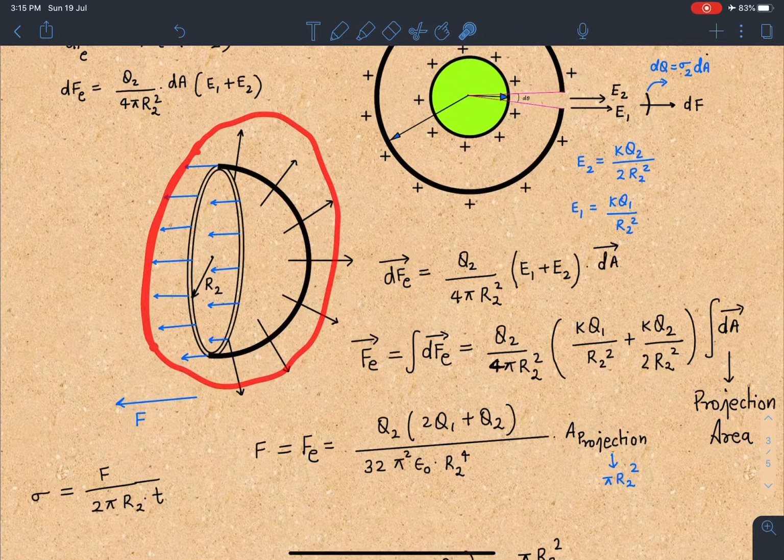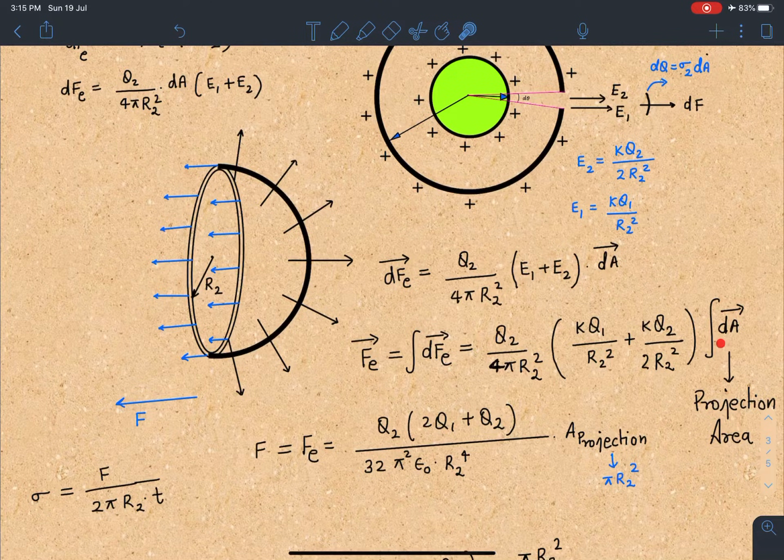The reason I am taking it is that this integral dA vector is related to the projection area concept. So I am trying to use this projection area part here. So it's better if you take this hemisphere, and this idea comes from surface tension.